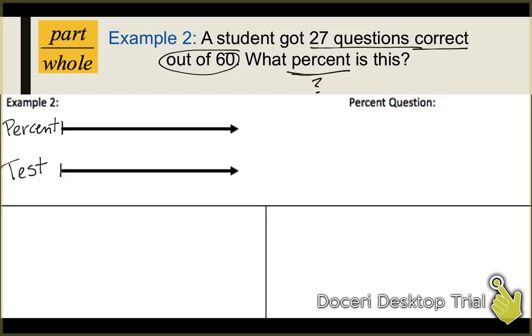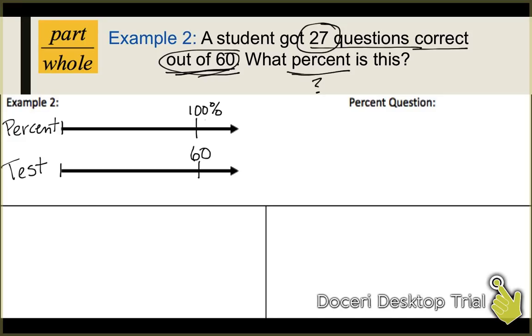Okay, so I know that percent is out of 100%. So 100% is my whole amount. And my corresponding whole from my example is, I know it talks about 27 out of 60. So since there's this of 60, that's going to be my whole amount. That's 100% of the test.